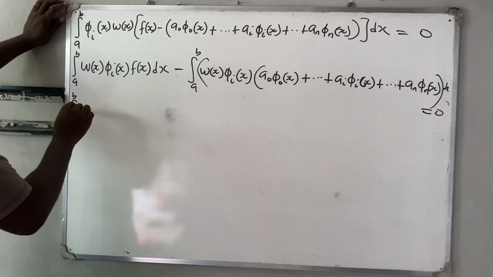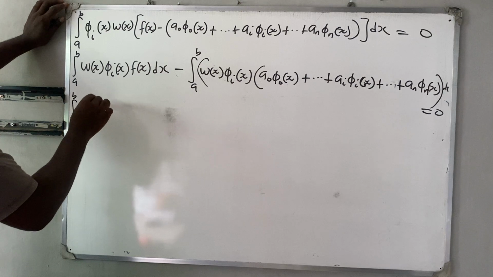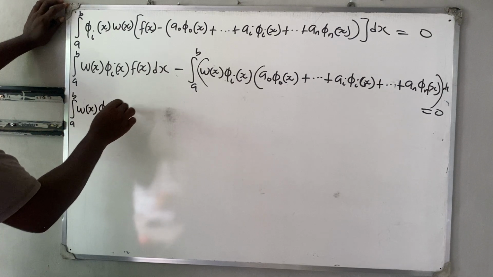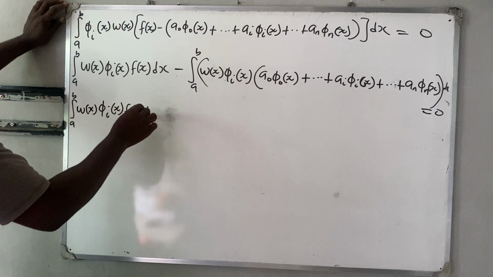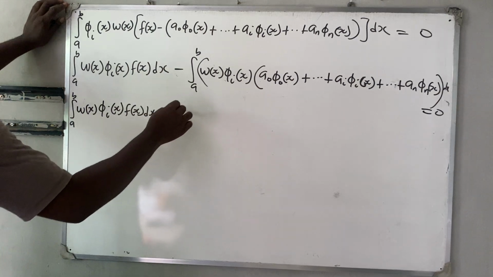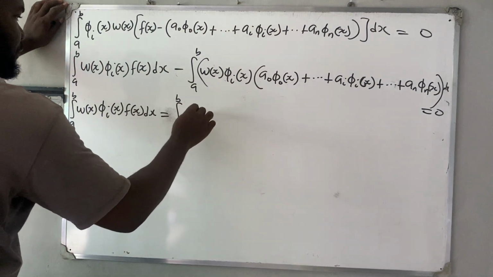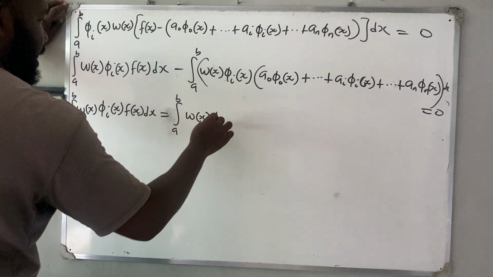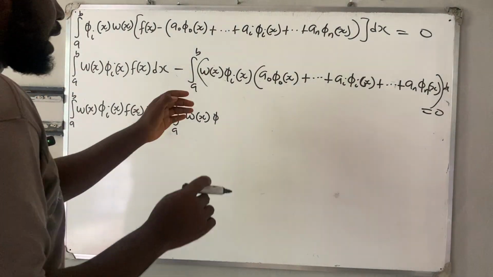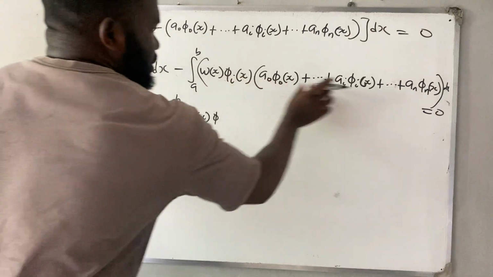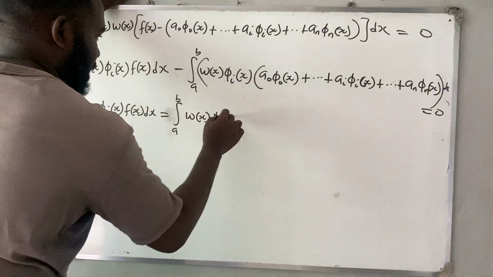So I have the weight function of x, phi i of x, f of x dx, will now be equal to the integral from a to b of the weight function of x, phi. In fact, I can use this to even multiply each of them, but let me take it gradually.